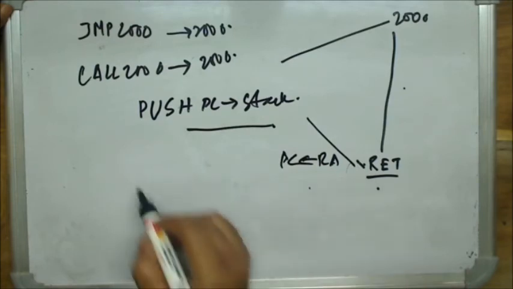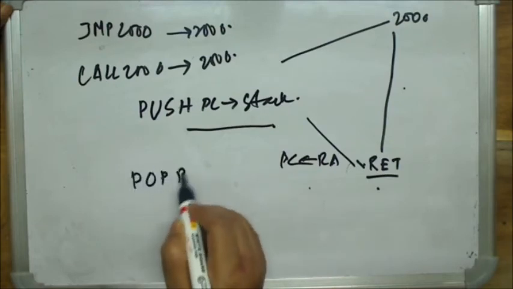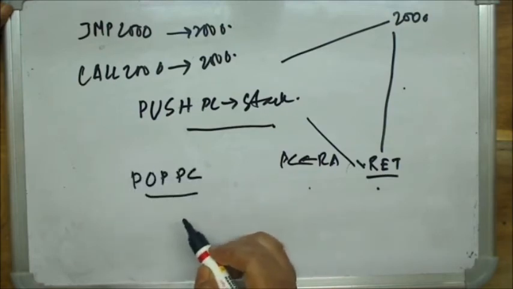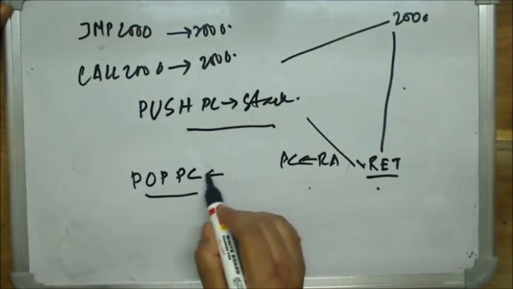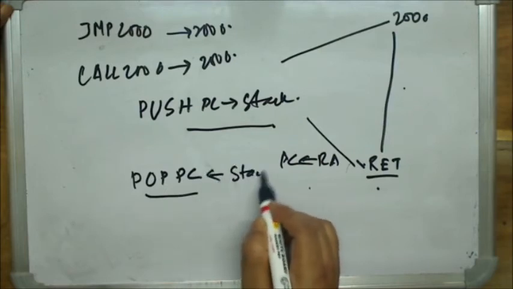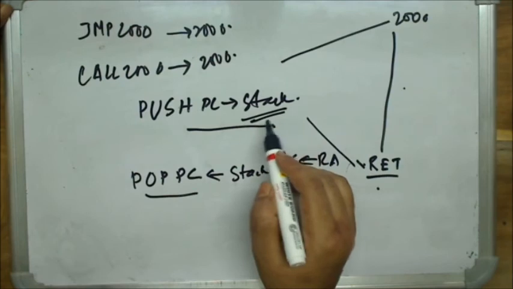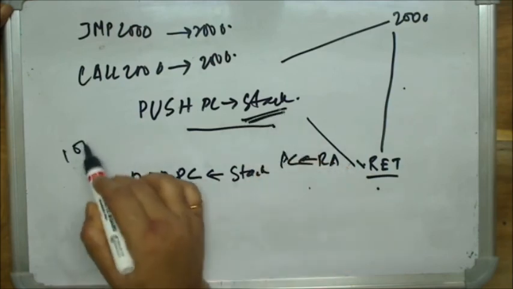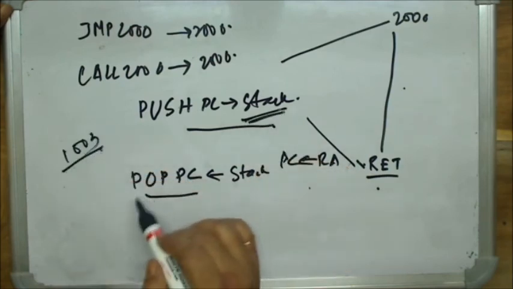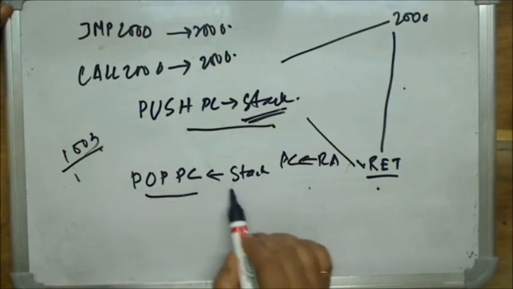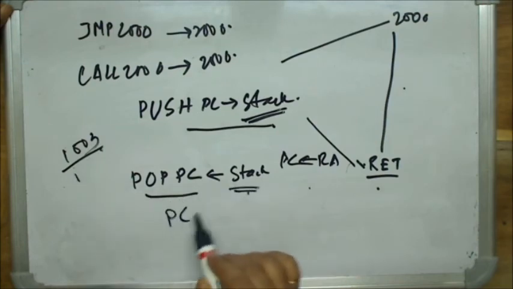What is the reverse operation? It will pop PC. What is pop PC? Pop PC means to fetch the address back from the stack. The address which was stored in the stack, that is 1003 in our example, it will pop back into PC, right?